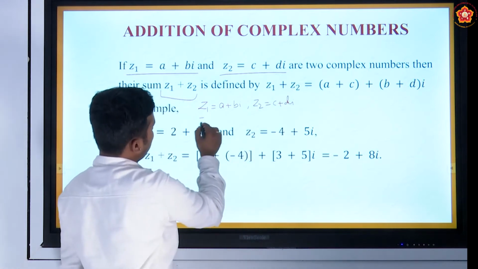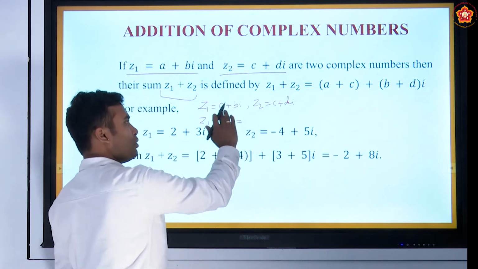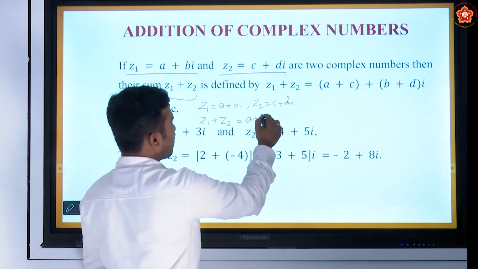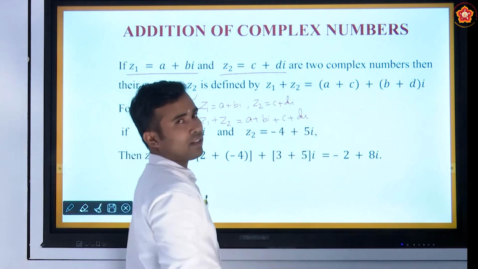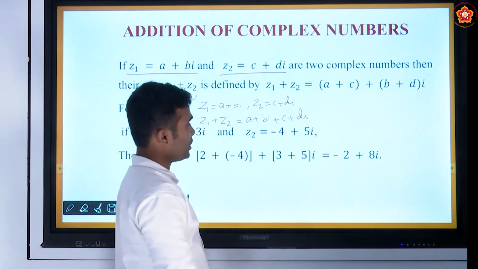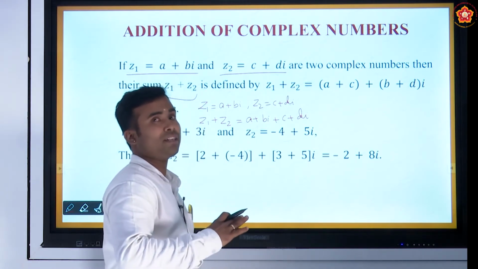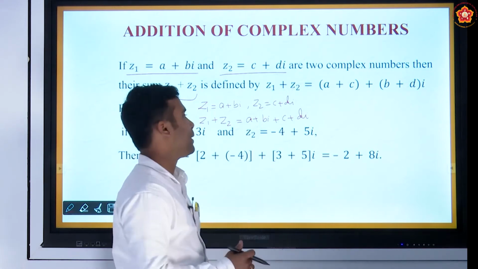So if I add these, z1 plus z2 is equal to a plus bi plus c plus di. When we are adding two complex numbers, we should add the real parts and imaginary parts separately.